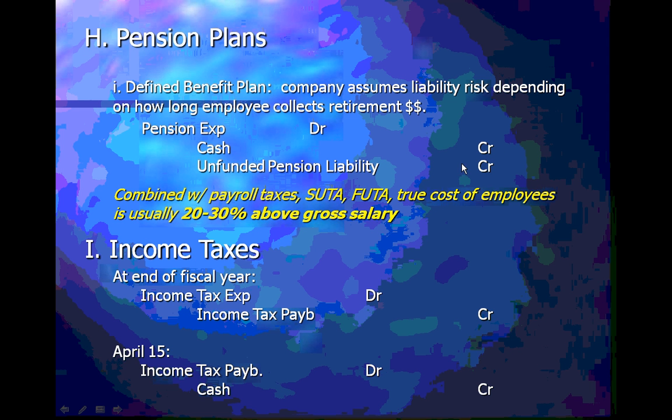So this liability clearly builds up a big debt on their books that they can't cover, and some companies do fold their pension funds. They get taken over by the federal government, and people who've been counting on retirement sometimes don't have the retirement they thought. They may have pennies on the dollar. So be careful. Watch very carefully what your company does with your pension fund, with your retirement fund.